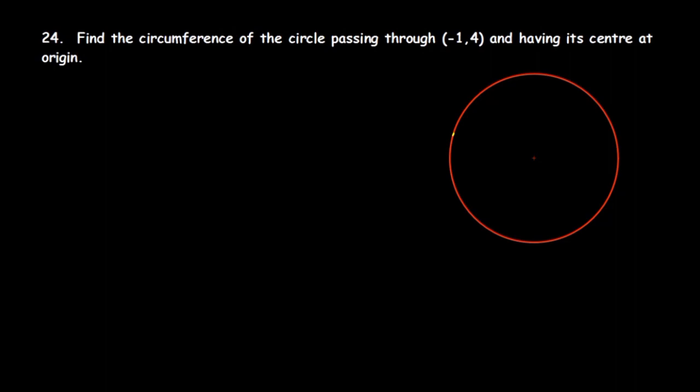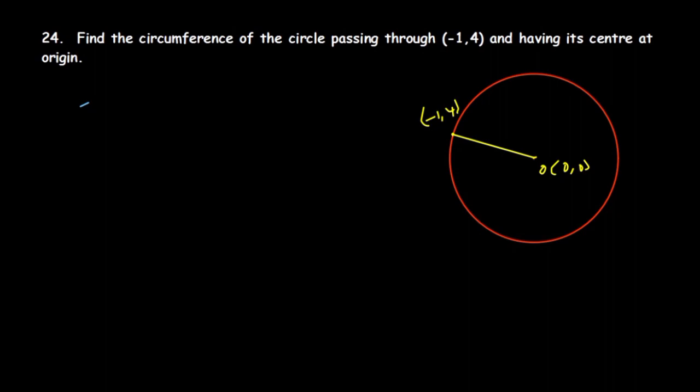So just we are taking a point like -1, 4 here. And this is the center O, having its center as origin, so this is 0, 0. Now we should find this distance. What is this? This is the radius.